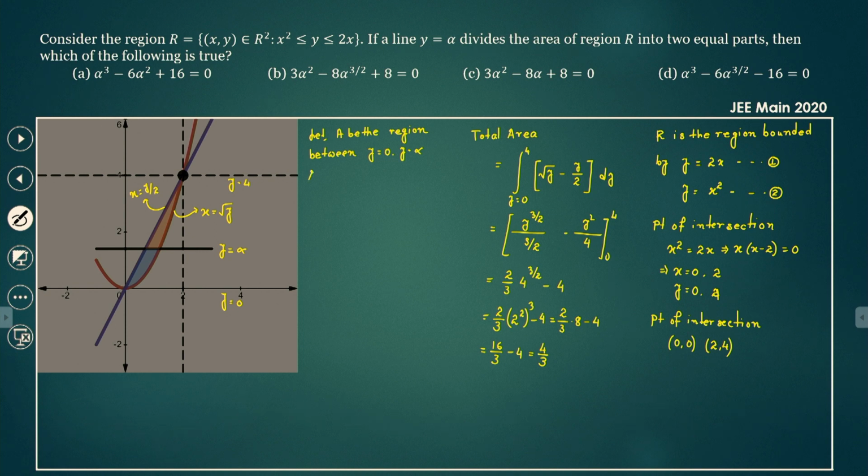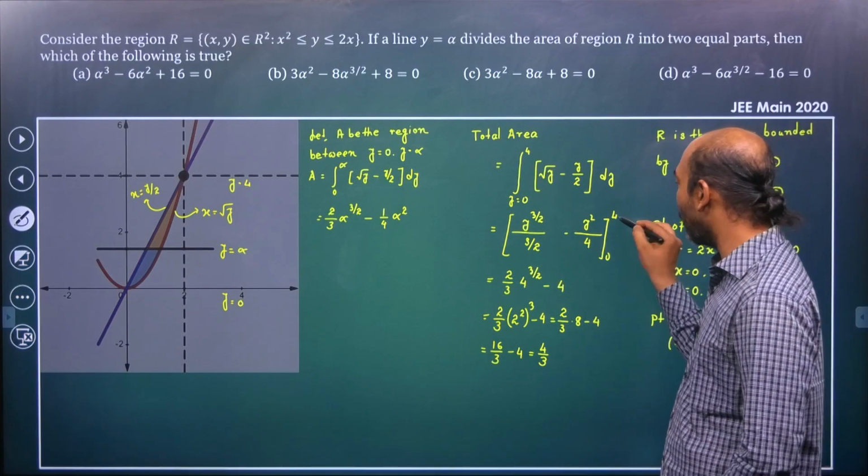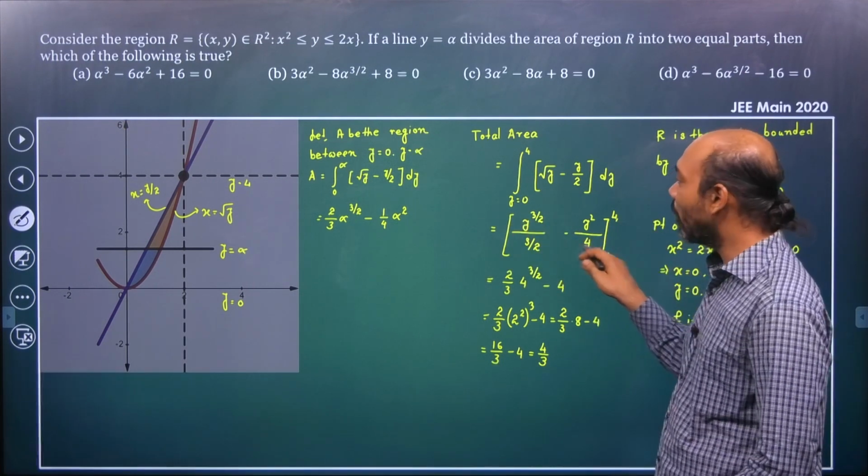Therefore, that area A will be the integral from 0 to alpha of the same functions, square root of y minus y by 2, with respect to dy. If I calculate, we get 2 by 3 alpha to the power 3 by 2 minus 1 by 4 alpha square. Here we don't need to recompute, because the integration is already done, and now the limits are 0 to alpha.